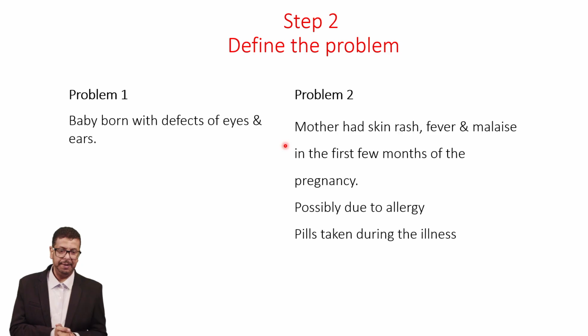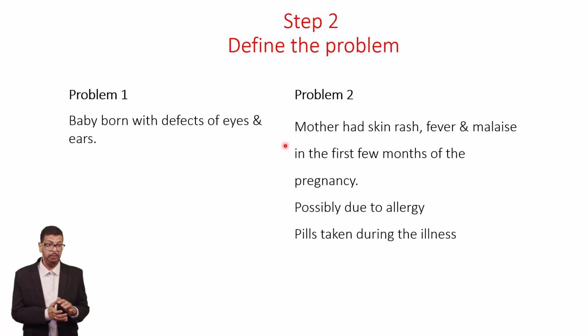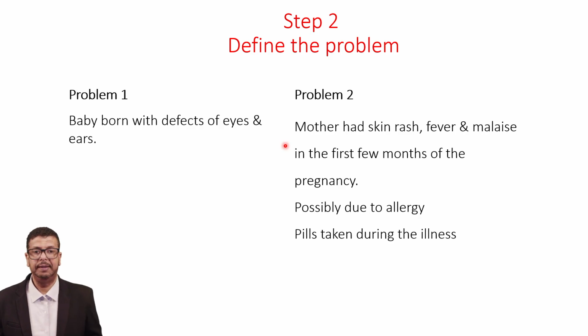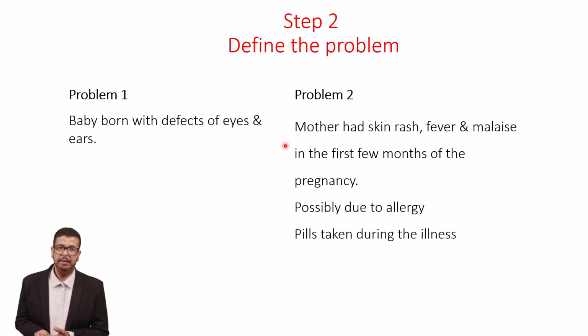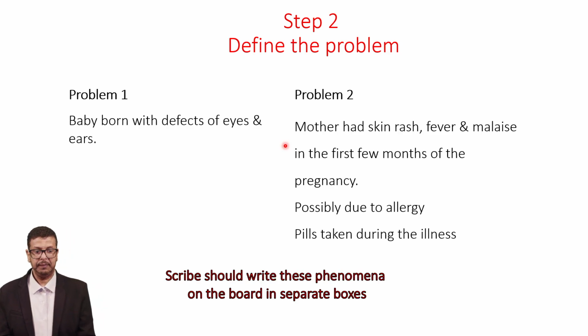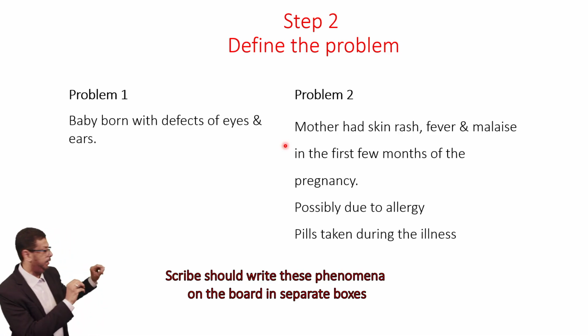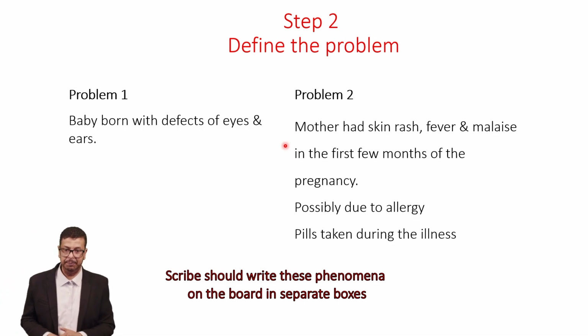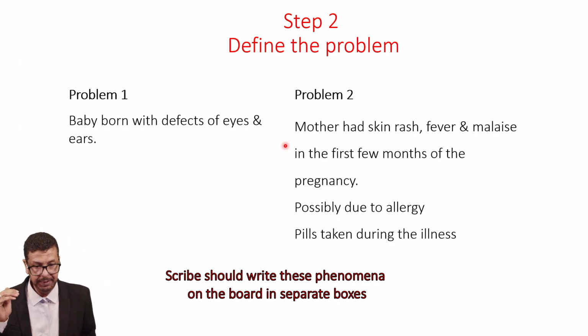Also, there is a problem related to the mother, including skin rash, fever, and malaise in the first few months of pregnancy, possibly due to allergy, pills, or the illness. So a scribe should write these problems on the board, and they should be clear in a separate box. Now we complete the second step.